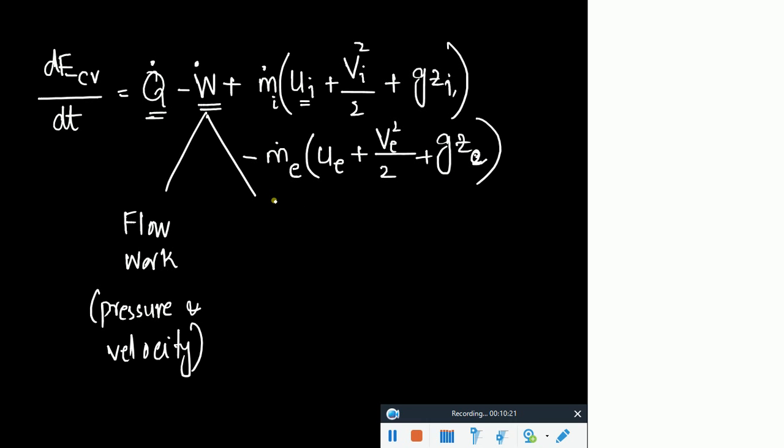And the other classification basically includes everything, whether it is a shaft work, just like you do in the turbine. If you remember, we talked about the turbine last time, that turbine rotates and with the shaft it transfers its energy to the generator. So this is kind of a shaft work, the work done by the shaft. Or there can be any work which is there due to change in the boundary of the control volume.